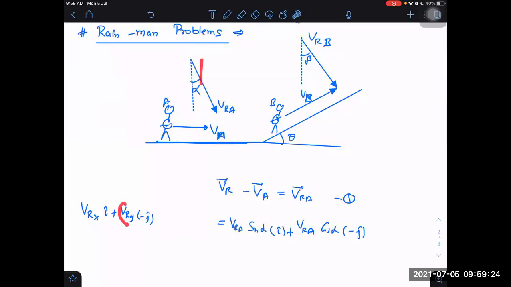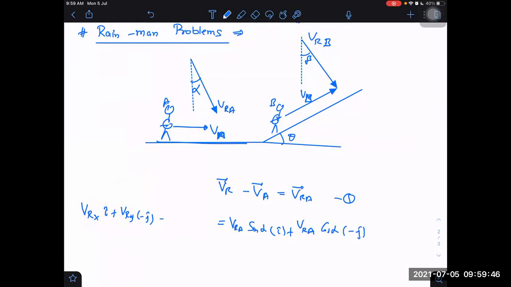Yes, but in that case we will get VRY as negative. But we should not use such confusing notation. It is better to take VR along minus j cap only. It is going vertically downwards, so take it as minus j cap. Also, we don't know about VRX. VRX may be along plus i cap or it may be along minus i cap. It may come out to be negative also. We don't know.